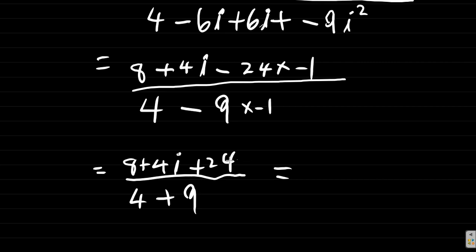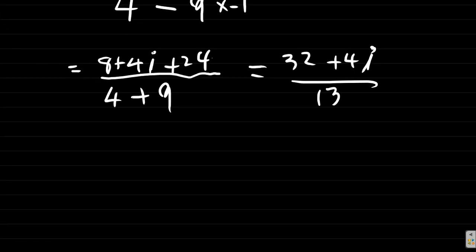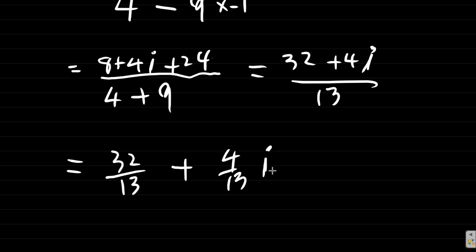So what we have is 24 plus 8 is 32, plus 4i, over 9 and 4, 13. So what you really end up with here is that this is equal to 32 over 13, that's the real part, plus 4 over 13i, the imaginary part.